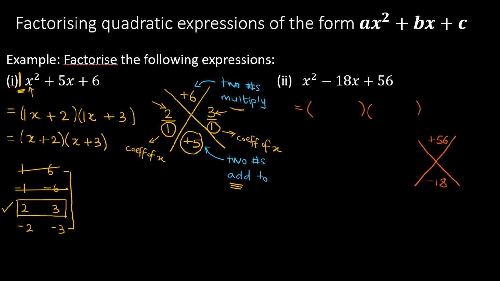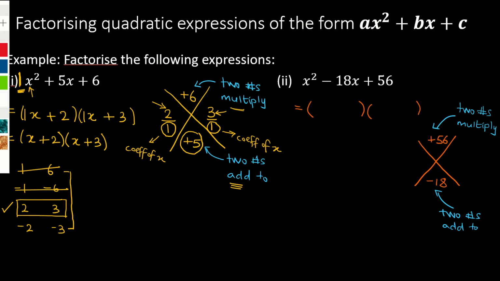Now we have to think of two numbers which when we multiply give positive 56, and the same two numbers which when we add give negative 18.